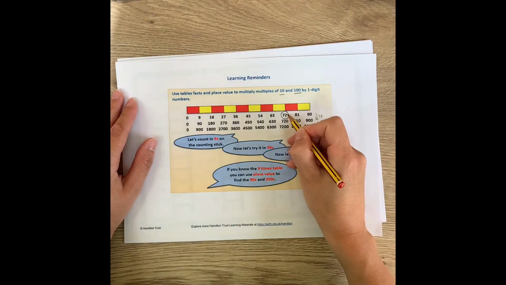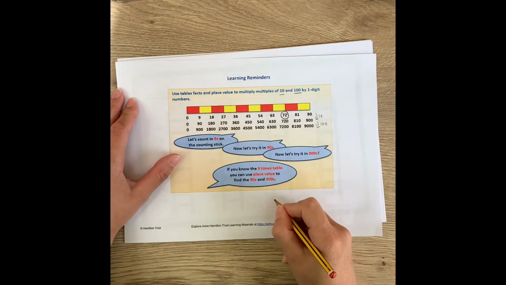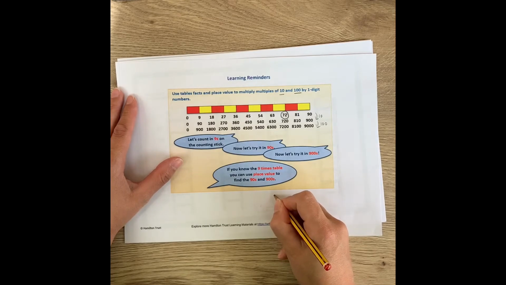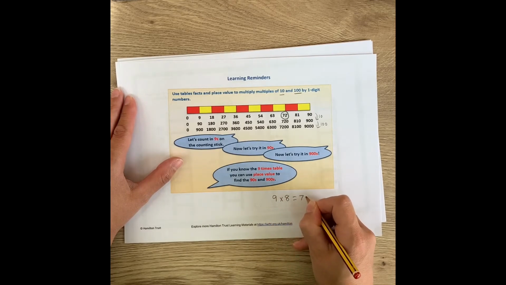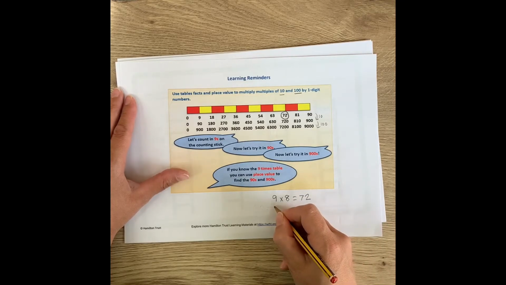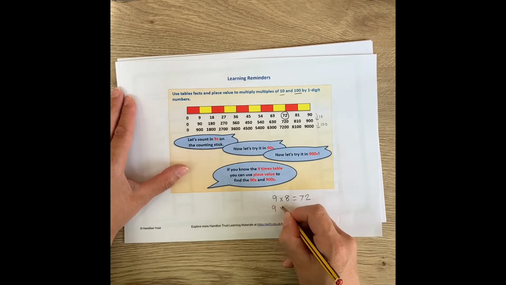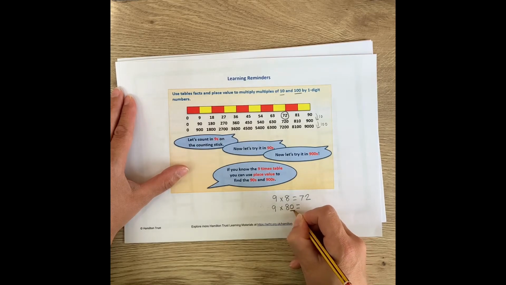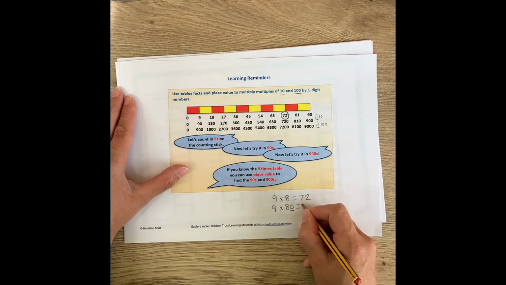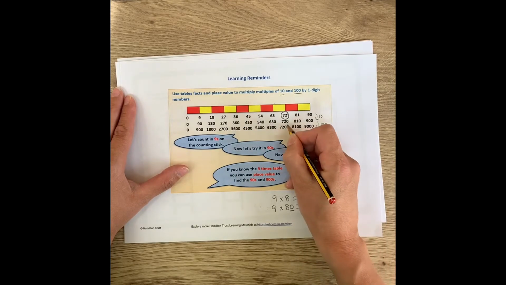So as I was saying, if we took 72, for example, we know that 9 multiplied by 8 equals 72. If we wanted to know what 9 multiplied by 80 was, 10 times more, we would know that the answer is 720.